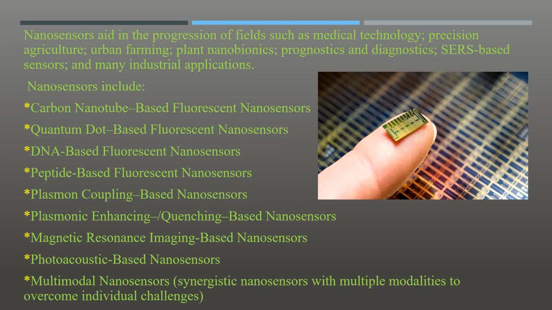Nanosensors include carbon nanotube, quantum dot, DNA, and peptide, all of them based on fluorescent nanosensors, plasmon coupling, plasmon enhancing, magnetic resonance imaging, and photoacoustic based nanosensors. Multimodal nanosensors are synergic nanosensors with multiple modalities to overcome individual challenges.